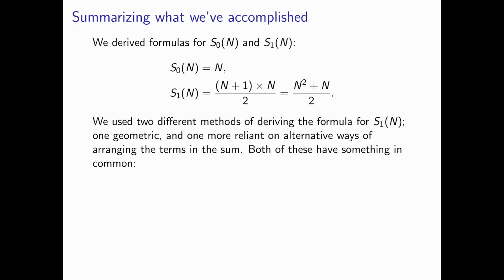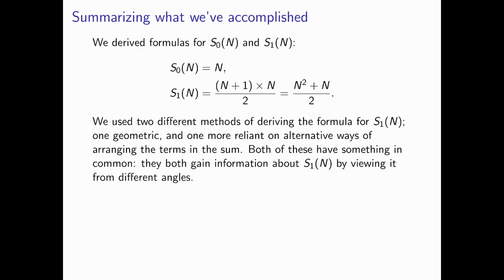And we used two different methods of deriving the formula for s of 1 of n. One was more geometric in nature, and the other one was more reliant on some fundamental properties of sums and how we could rearrange and partition things in a different way to get more information about the sum. But both of these have something in common, and that is that they gain information about s of 1 of n by viewing it from a different angle.